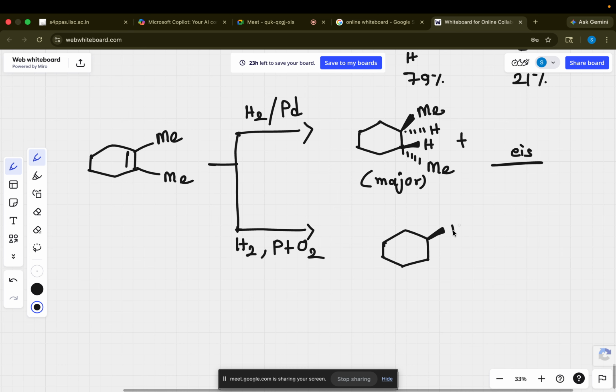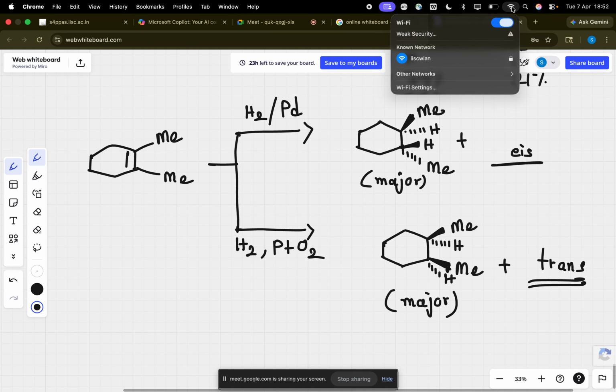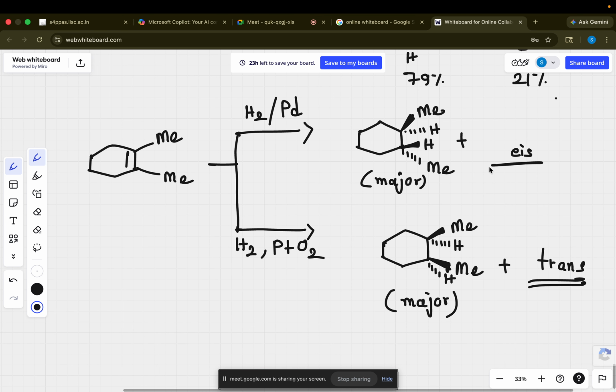Both the methyls will be above the plane, and definitely if methyl is above the plane, then hydrogen is below the plane. That one will be major, and here the trans product will be your minor. Clear? So Adams catalyst will do cis addition of hydrogen, and hydrogen with palladium will do trans addition of hydrogen. Clear? Yes, sir.